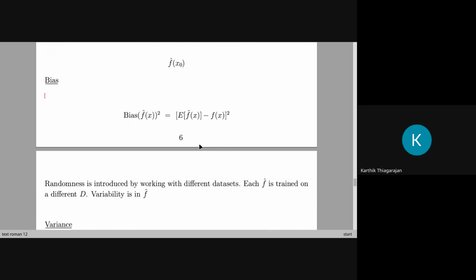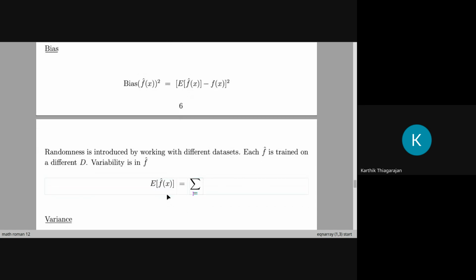So if you train on 10 data sets, you will get 10 f hats. So what will the expected value of f hat of x be? If you train on 10 data sets, this will be the summation from 1 to 10.